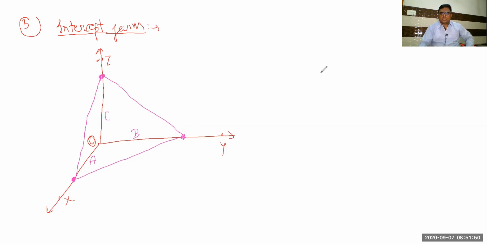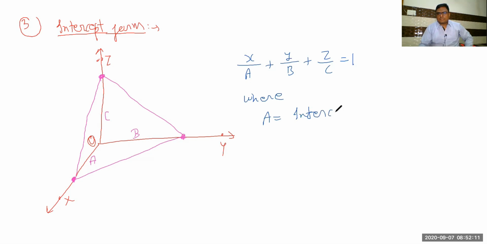So in this situation, the equation of plane will be x upon A plus y upon B plus z upon C is equal to 1, where what are A, B, C? A is equal to intercept on x-axis.